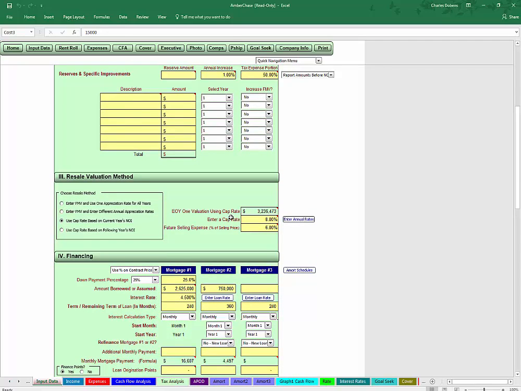Then if we scroll down, here's something interesting. Obviously, you have already put in the income and the expenses, and from that, we're able to calculate the NOI. Then down here, the software asks you for the cap rate. Now, you've put in an 8 cap. This is based upon your information. I don't know this market. I don't know what this property bears as far as a cap rate. So I'm going to assume that your number is accurate.